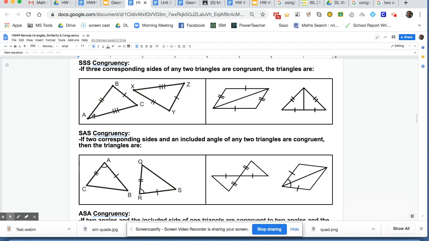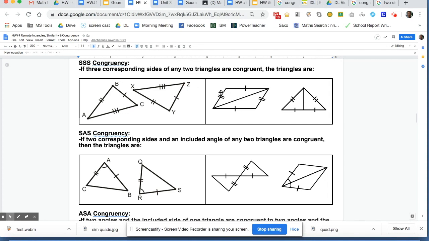In other words, if you took three sticks of different lengths, and then you produced those same three sticks and gave them to another person, they would always form the same triangle. And that's one of the reasons why triangles are such a strong shape, and they're used in all kinds of structural designs for their strength.